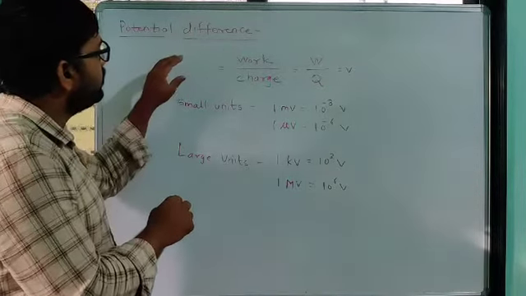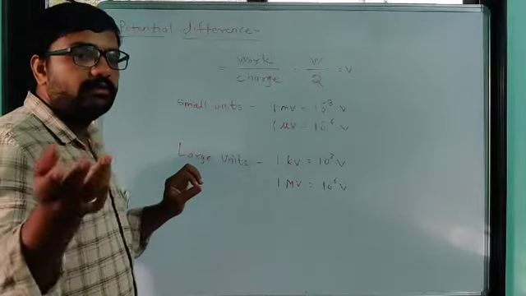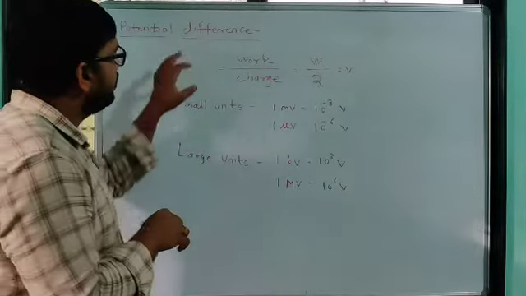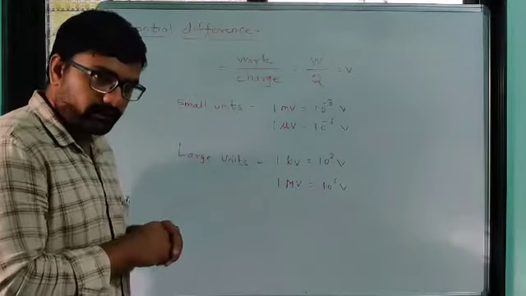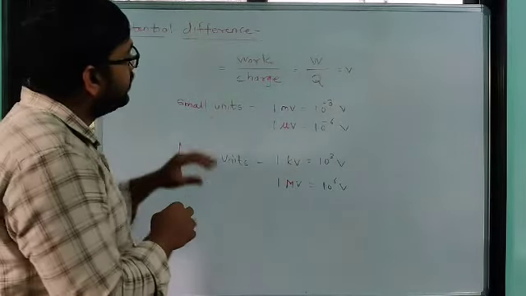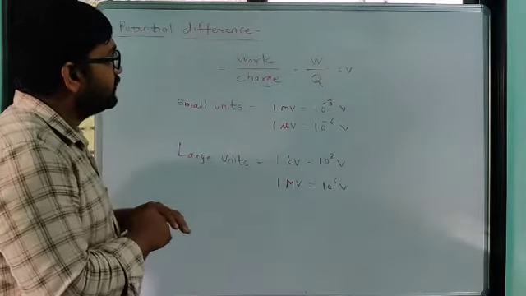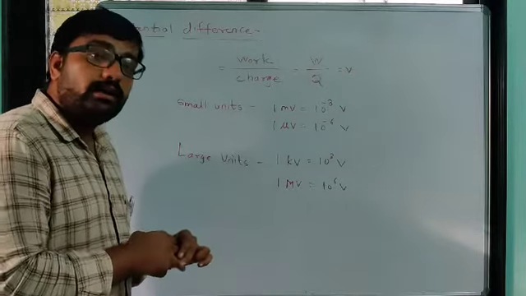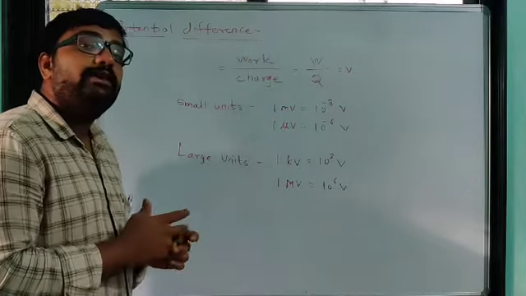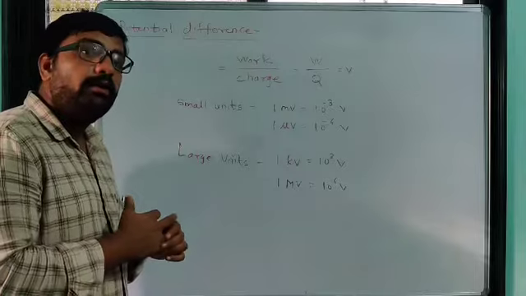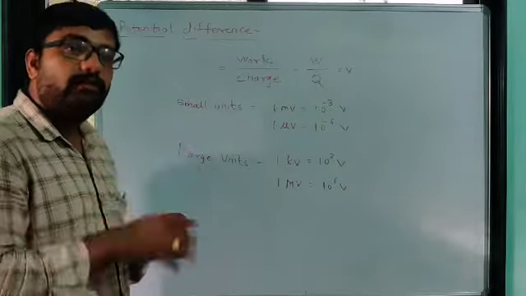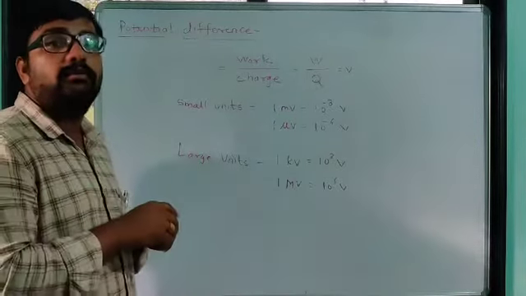We also saw in the last part of yesterday's video the definition of potential difference. The definition of potential difference is the work done to carry a unit positive charge from point A to B, from one point to another point.